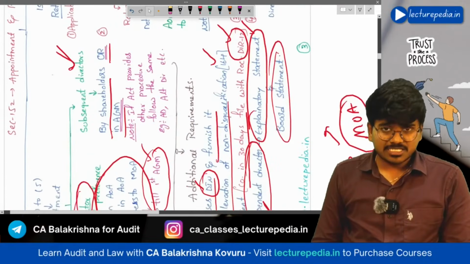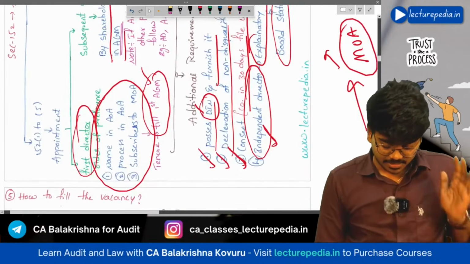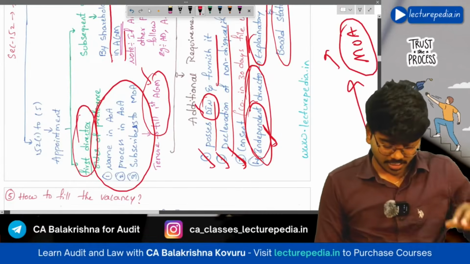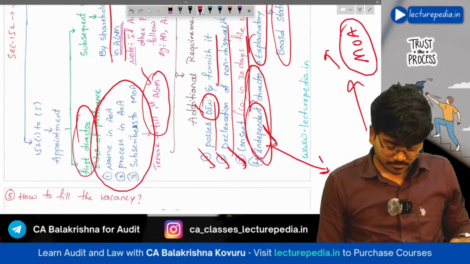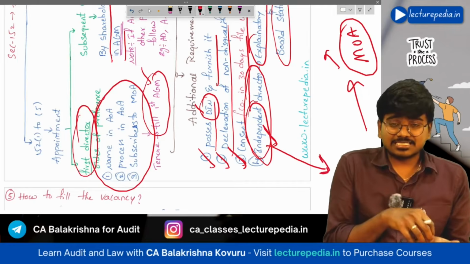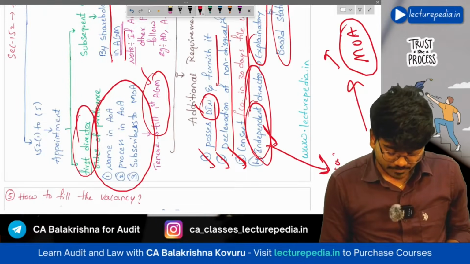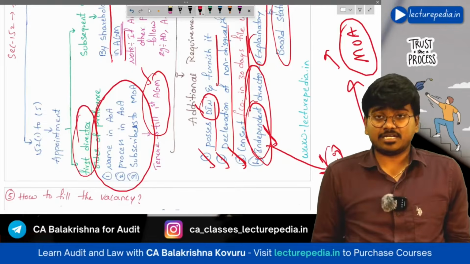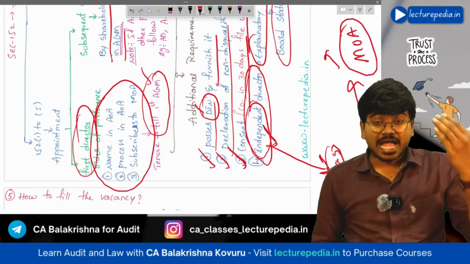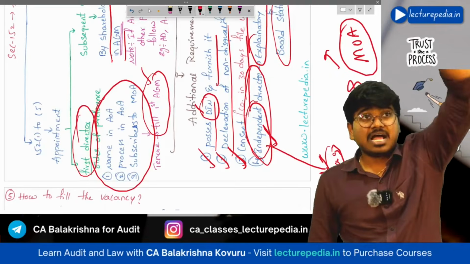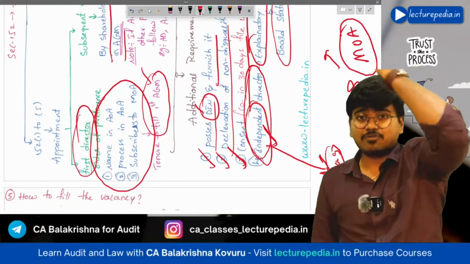Basically, the name itself says independent. That means he is not dependent on anyone. The decisions of this independent director will not have any bias, because he is independent. Why is he independent? The Act, Section 149 Subsection 4 to Subsection 13, has provided various requirements.